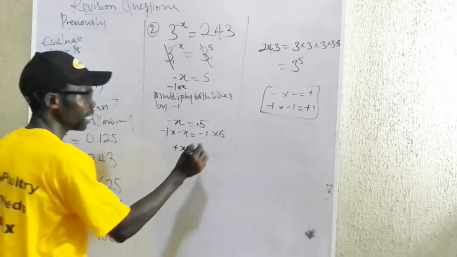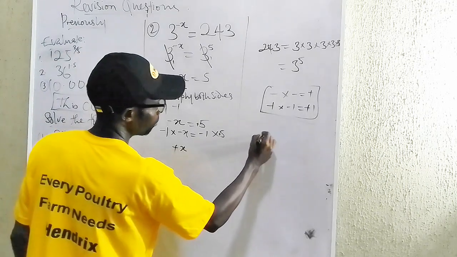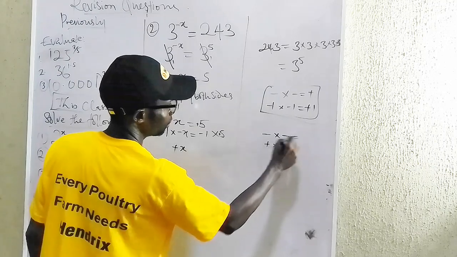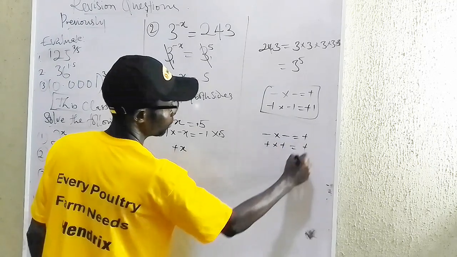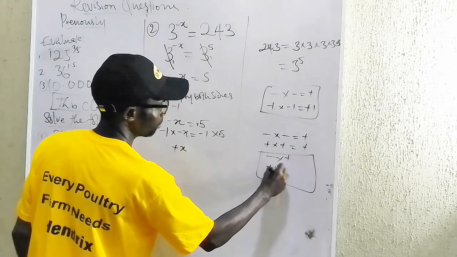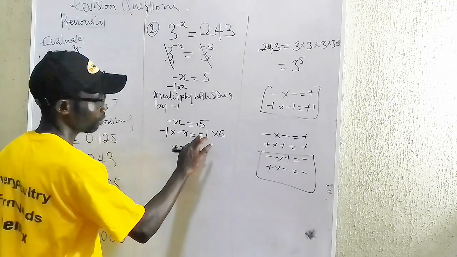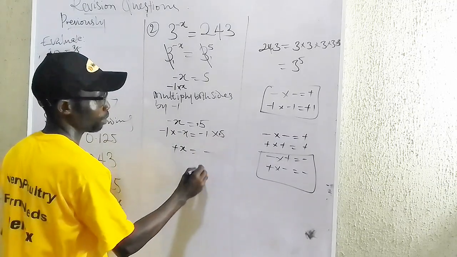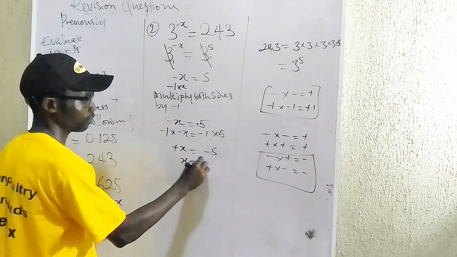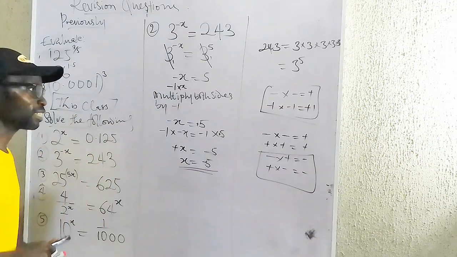Then minus times plus. Remember the rule: minus times minus or plus times plus, these two that are the same give you plus. Now these two that are different, minus times plus or plus times minus, give you minus. So minus times plus gives you minus 1 times 5. So what you have is x is equal to minus 5. Simple. And that's how you get this.